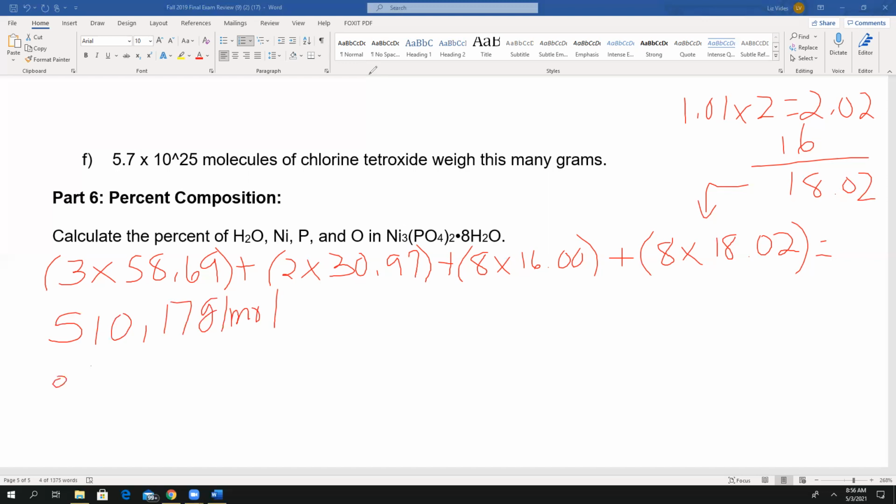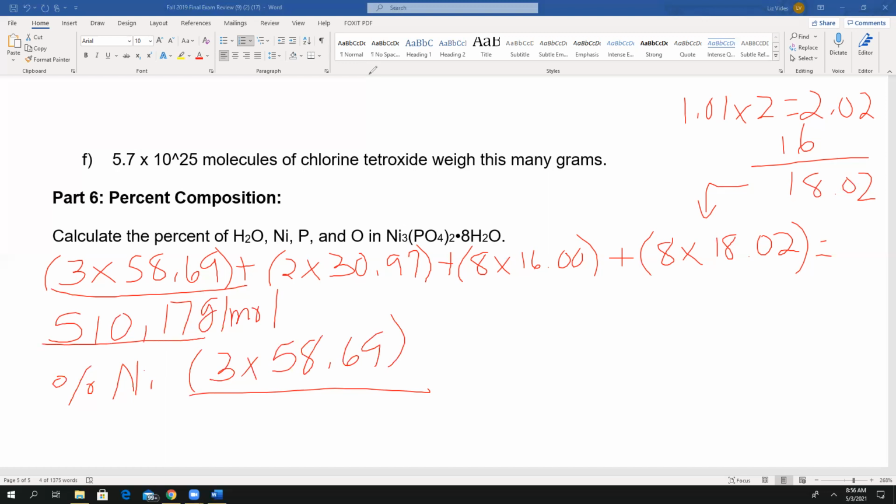So percent of nickel is going to be this: 3 times 58.69 divided by 510.17 times 100. That's going to give me my percentage. And we have to watch our sig figs, so we need 4.